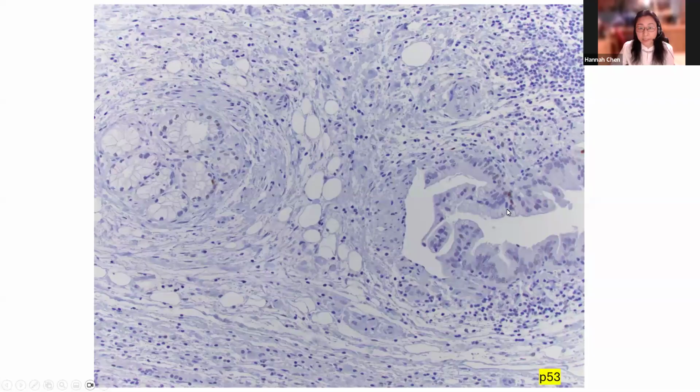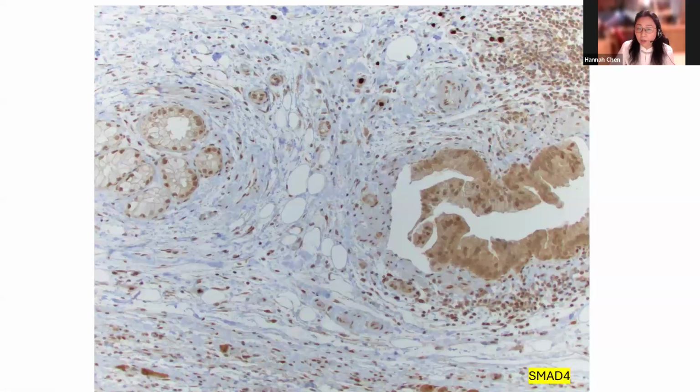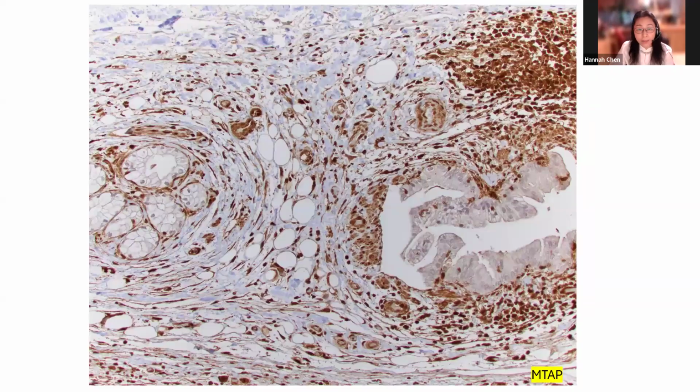You can appreciate here. SMAD4 shows nuclear staining retained, but MTAP immunostain interestingly shows loss in the tumor cells. This slide shows very good internal control.